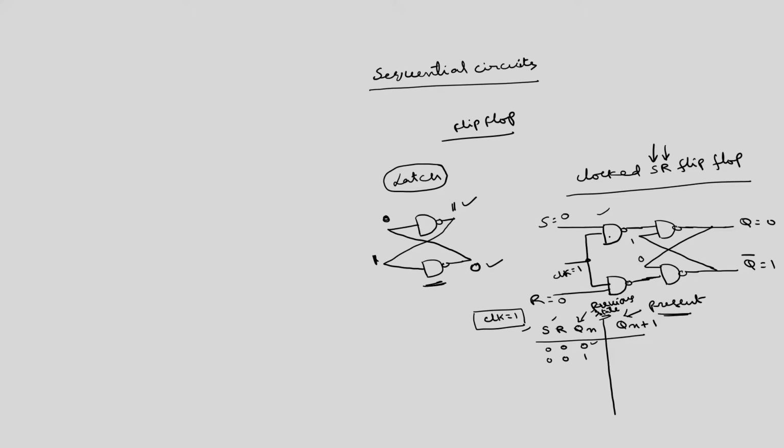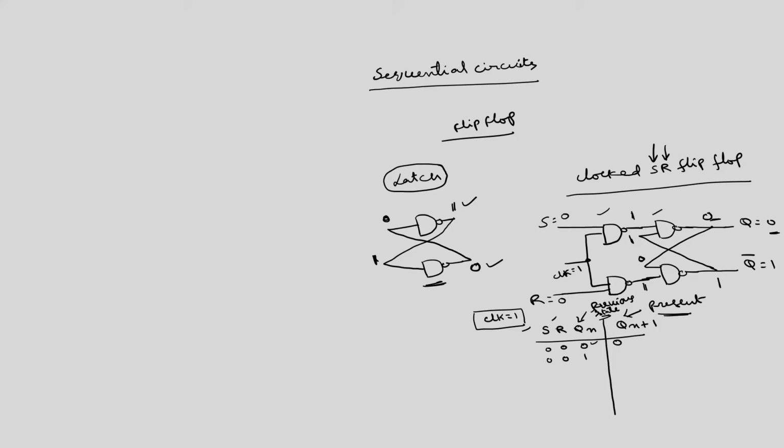If one input of a NAND gate is 0, regardless of the other input, the output is equal to 1. So, both the outputs of the first two NAND gates are 1. So, this gate has both inputs 1, so the output is 0, this 0 is tied here, 0 and 1, the output is 1. So, this is 1, 1, the output is 0. So, 0 1, the output is 1. So, if the previous state is 0, the present state is also 0.